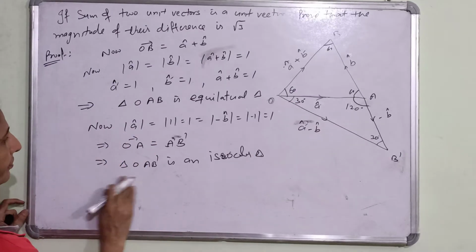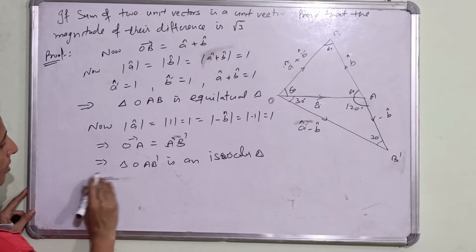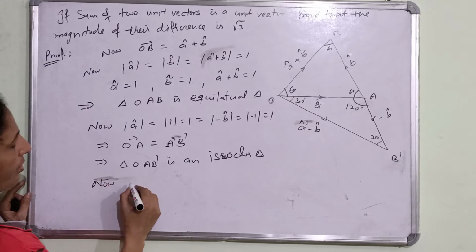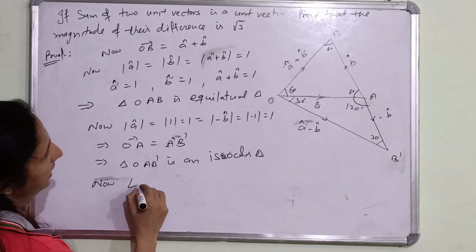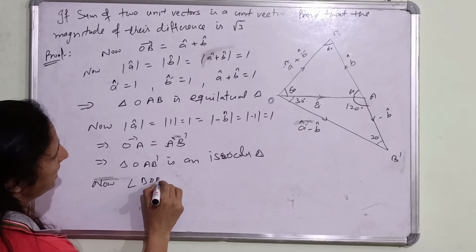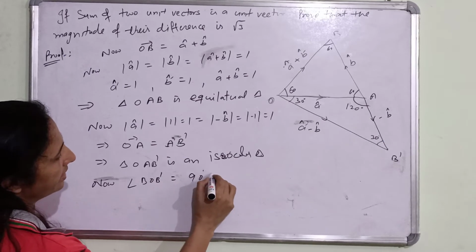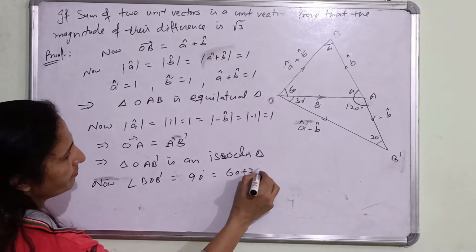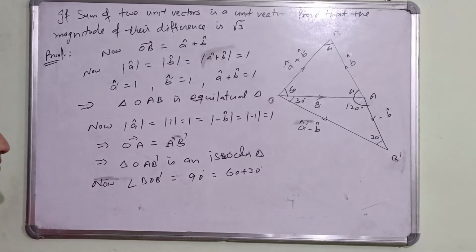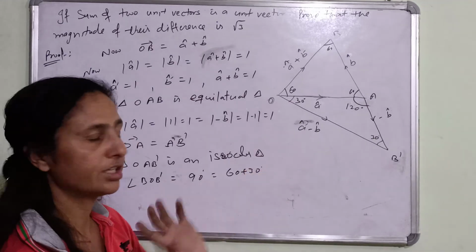So now angle BOB dash is equal to 90 degrees, 60 plus 30. We have to find the magnitude of this.